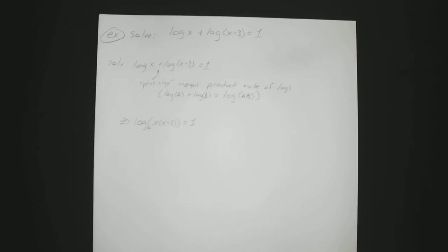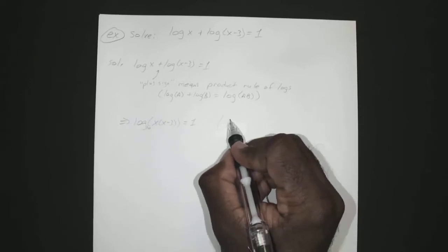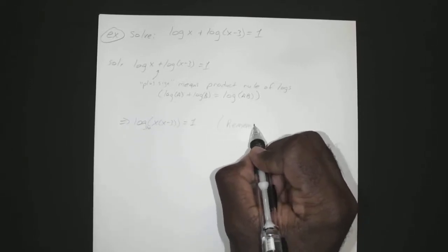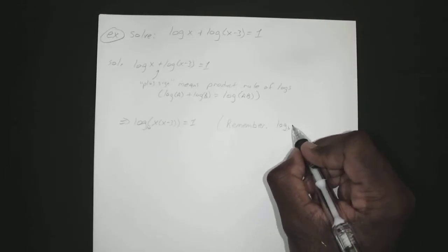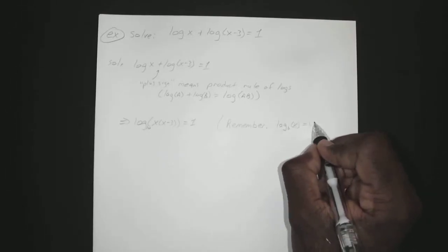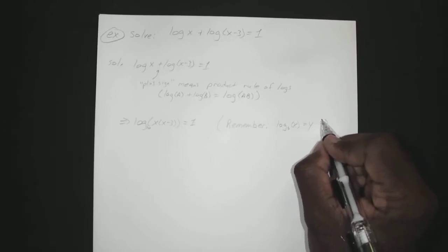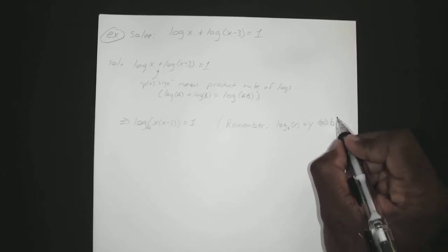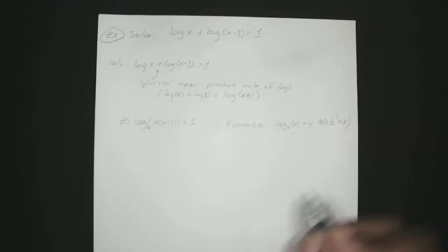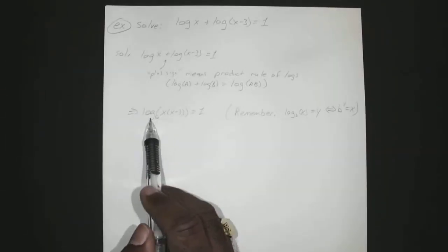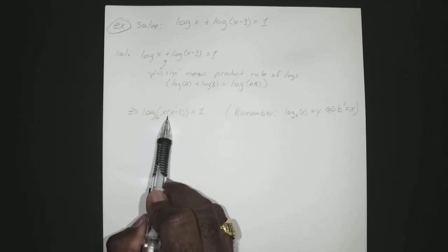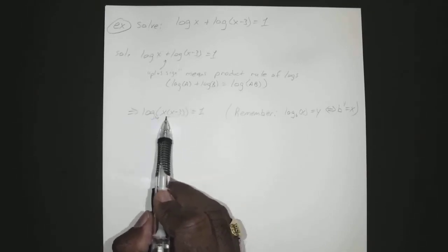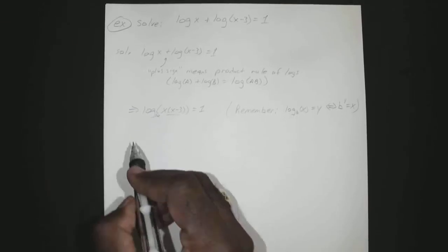Okay. Now once you get it down to one single logarithm, you want to remember that log base b of x equals y can be rewritten as base to the power of y equals x. So in this case, since your base is equal 10, 10 to the power of 1 equals, well, this would be your x value.